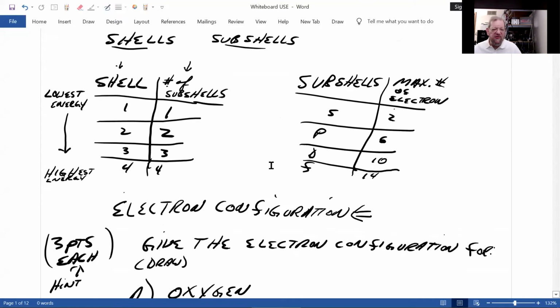Well, you always start filling at the lowest energy shell and subshell. And shell 1 is the lowest one. It only has one subshell. By the way, S is the lowest energy, and as you go down, it gets to F, which is the highest energy.